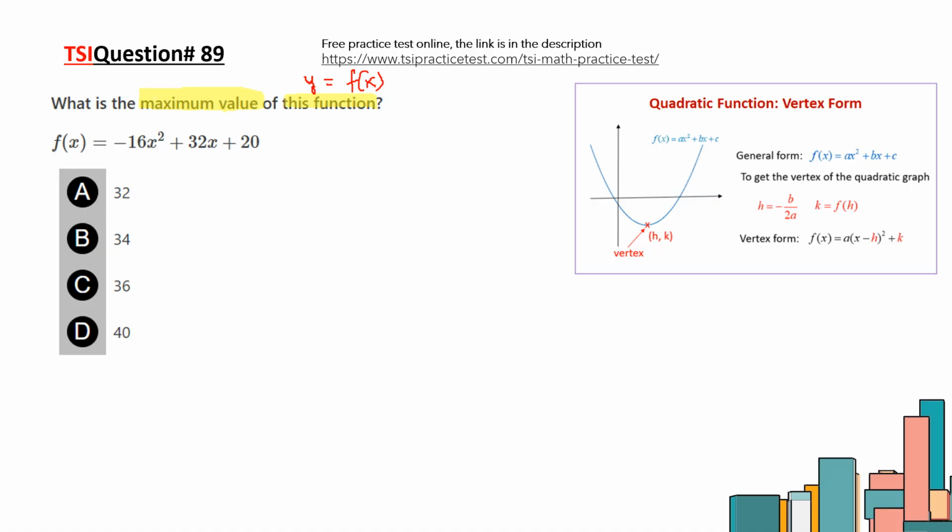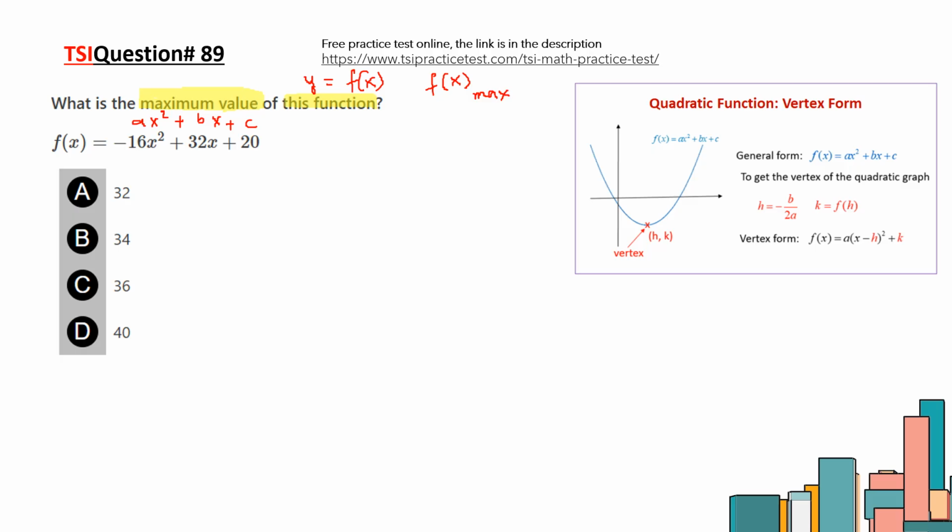And we note that this is a quadratic function. The given form in this case is the general form, which is ax squared plus bx plus c. Okay, and then you want to find the y max or the f of x max. And how do you get the max? Look at this.